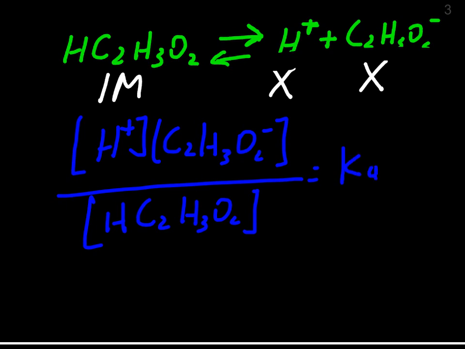Ka is a published amount, so I would look that up in a book. Ka would be 1.8 times 10 to the negative fifth, the equilibrium constant for acetic acid. The little a designates that it's an equilibrium constant for an acid.